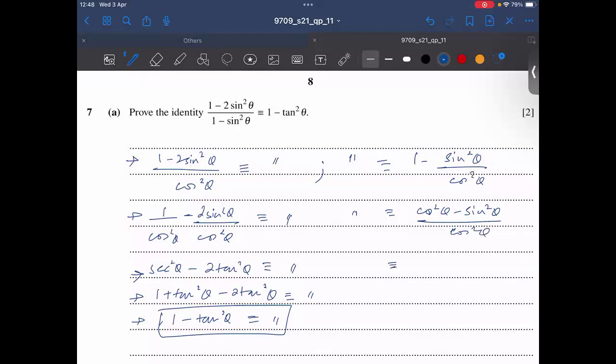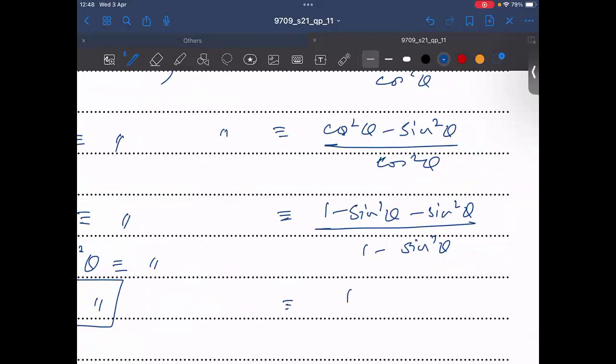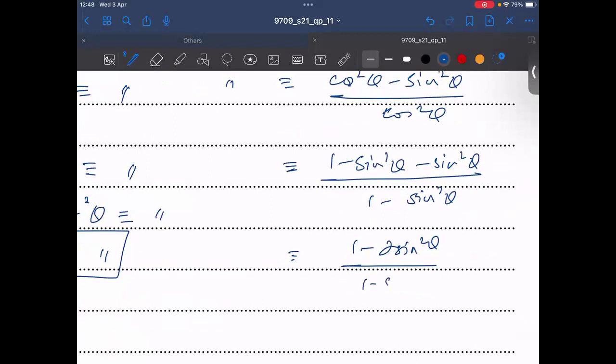You can write down cos square theta as 1 minus sine square theta, minus sine square theta over 1 minus sine square theta. So this would have been 1 minus 2 sine square theta over 1 minus sine square theta. Is it clear or not? Yes, sir.